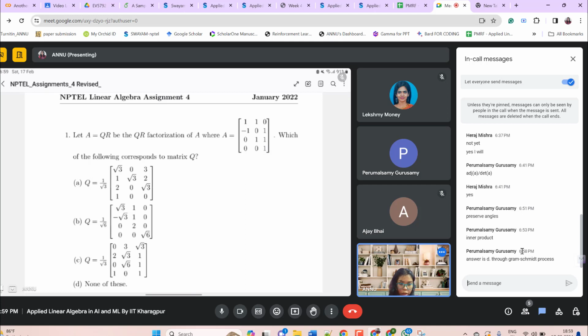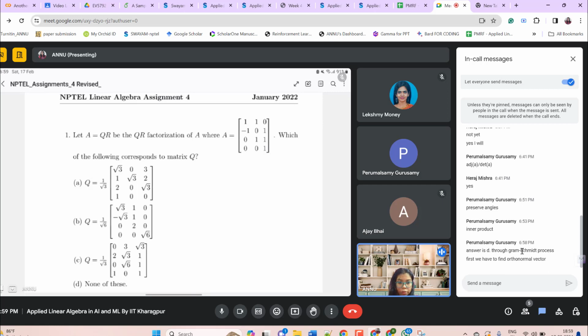I think sir didn't teach about Gram-Schmidt in the class. Guruswami? Orthonormal vector. Okay. That's great. So according to you, what should be the answer?